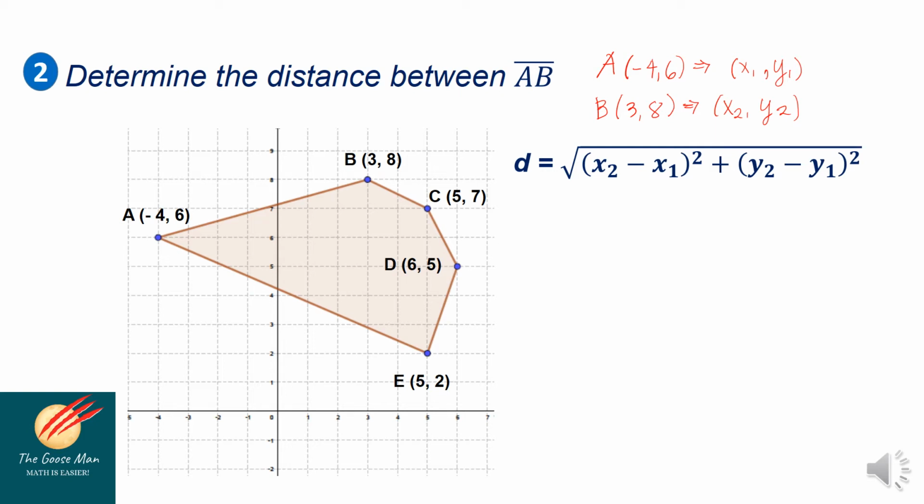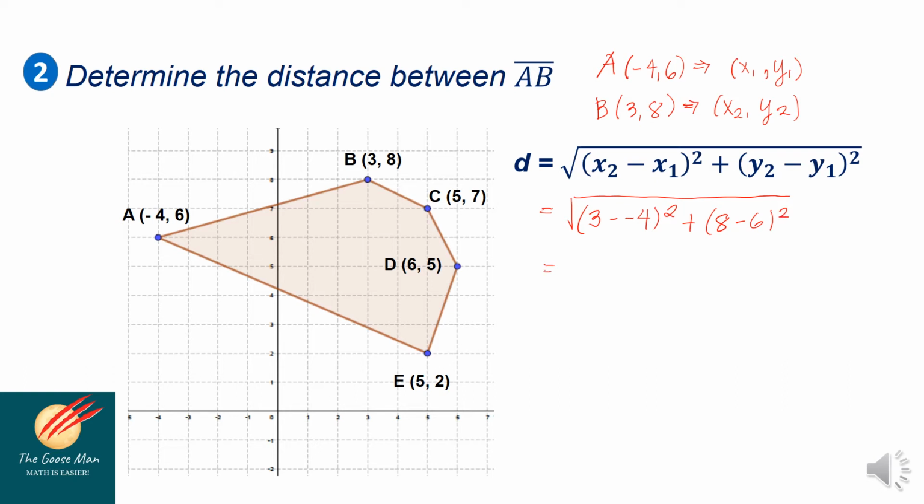So let's substitute the given values. So we have the square root of 3 minus negative 4 squared plus 8 minus 6 squared.